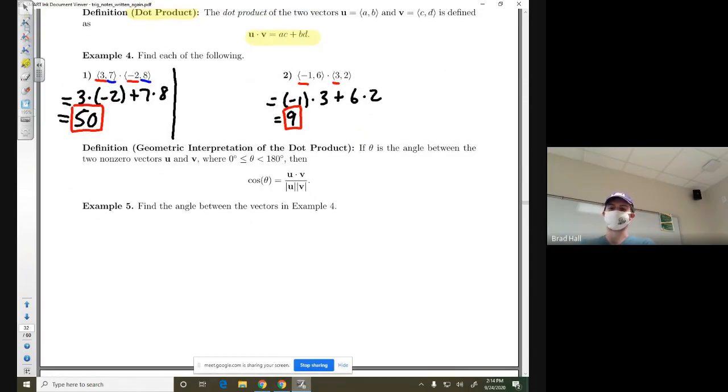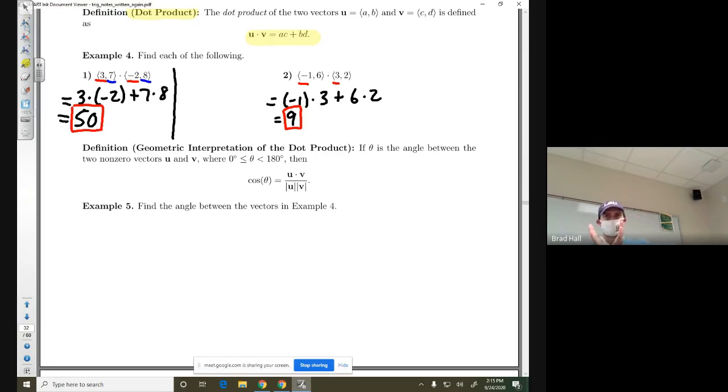Now let's move it up to something even more interesting: the geometric interpretation of the dot product. So in other words, you have two vectors out there somewhere in space. Let's say they start at the same spot and they do whatever.